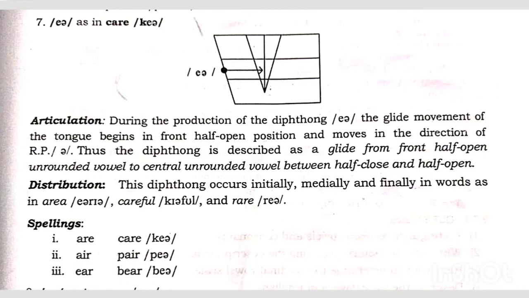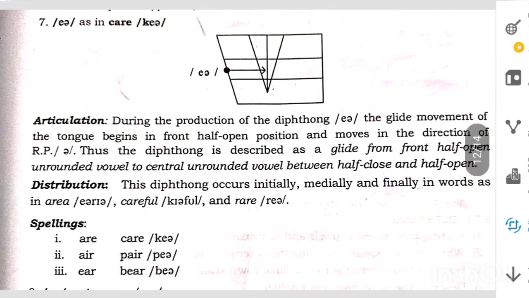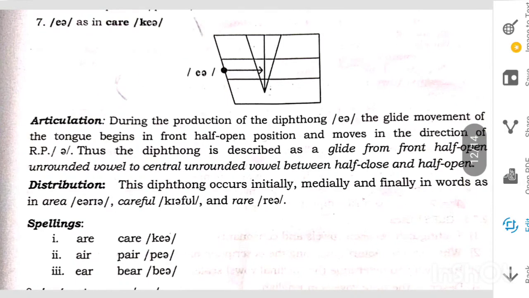Here it was written wrongly. It is careful, not how it is shown. See the care here. And rare. See, it occurs finally in rare, medially in careful, and initially in area.